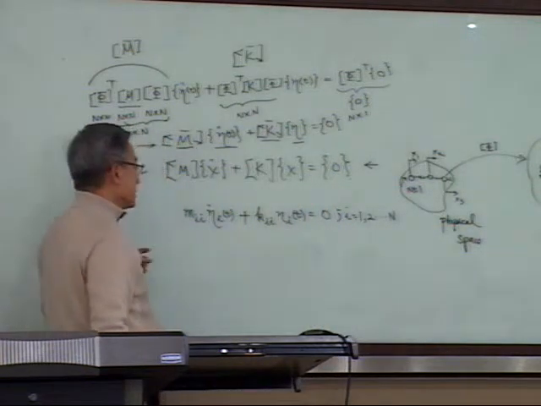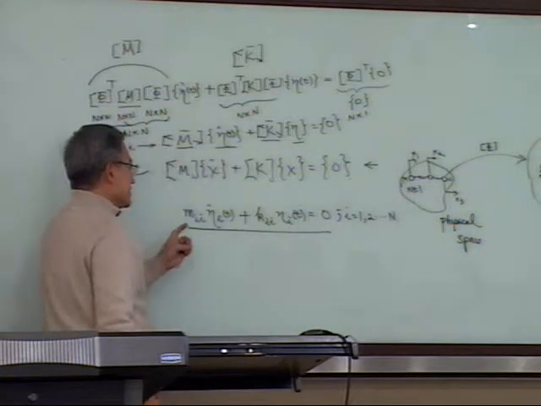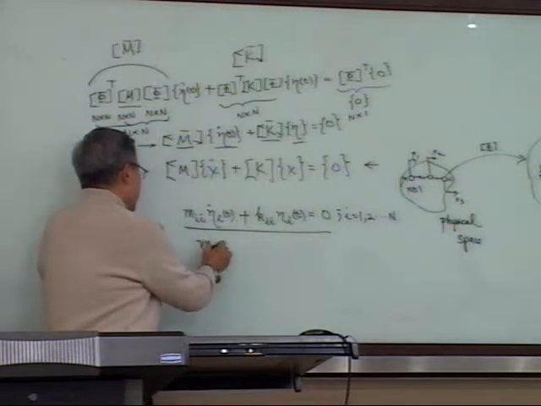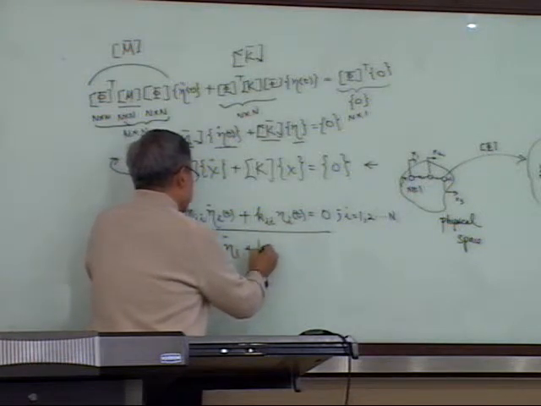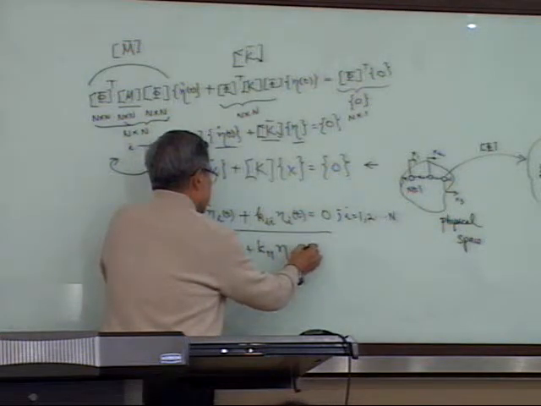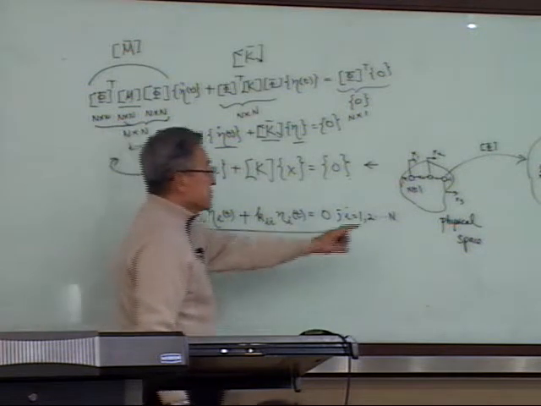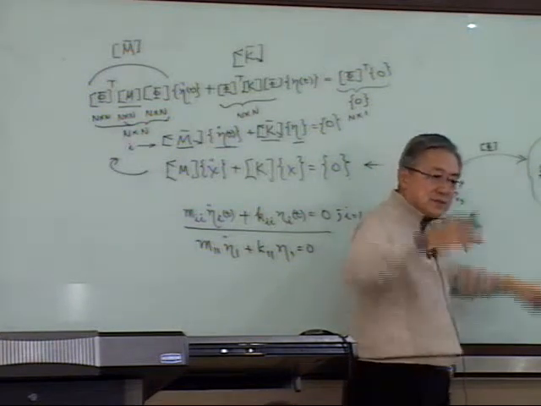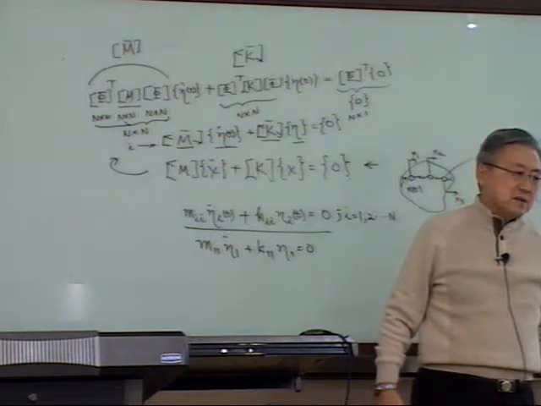Looks like I'm going a longer way. But if I take just the first row, which means M11 eta 1 double dot plus K11 eta 1 is equal to 0 when i is equal to 1, it's like a single degree of freedom model.